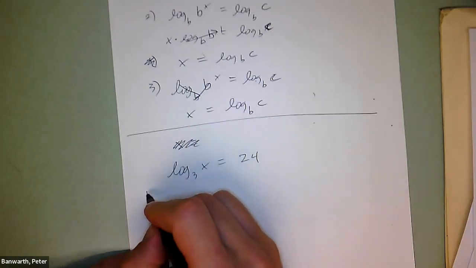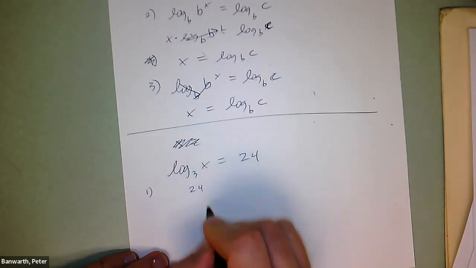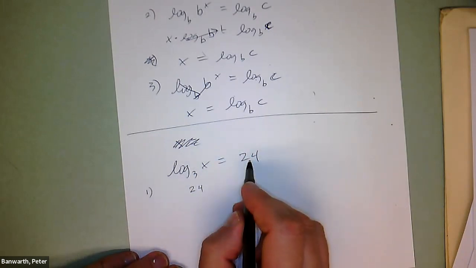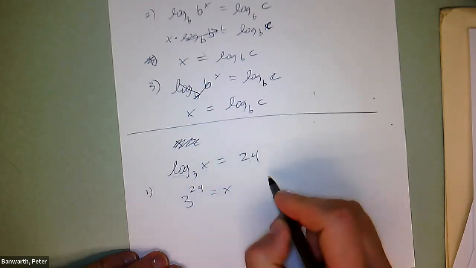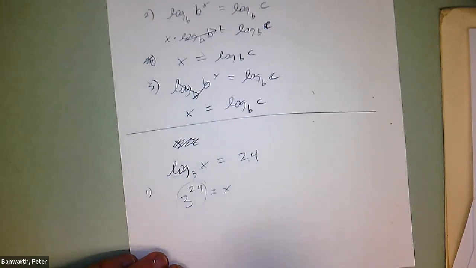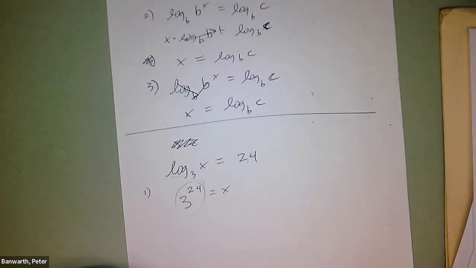I'll just do two. The first way is to say, oh, okay, 24 is the power that goes on 3 to get x. So I have to figure out what that number is, which is very big, and I'm not going to do that.